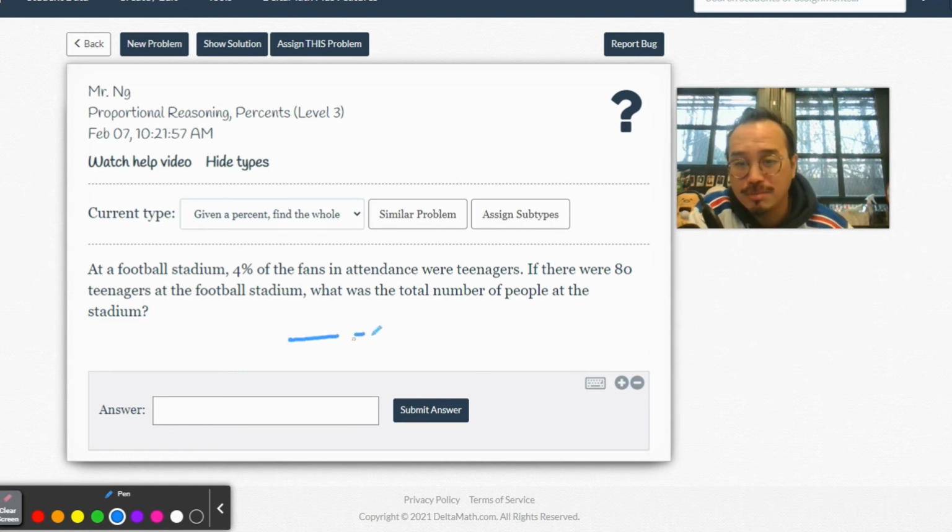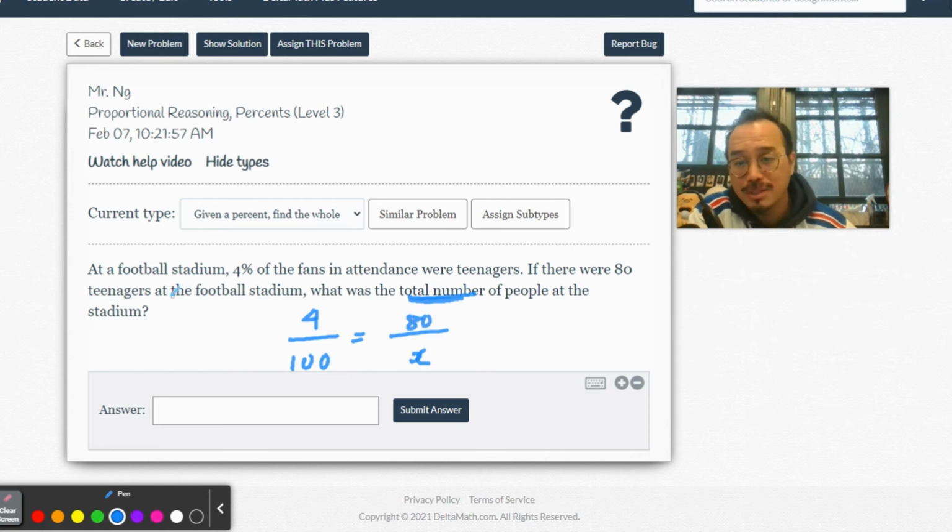So, think of it like this. 4%, out of how many total? We're looking for the total. 80 is the part.